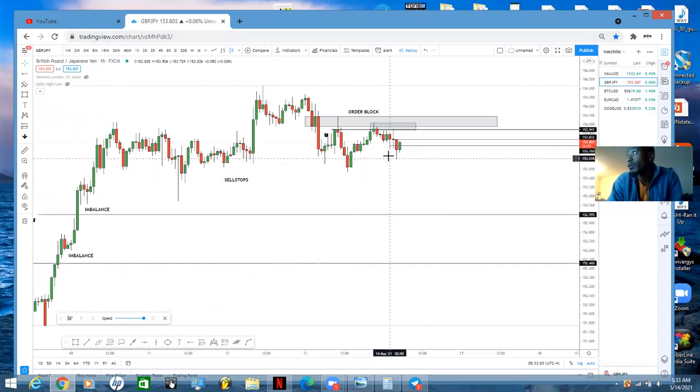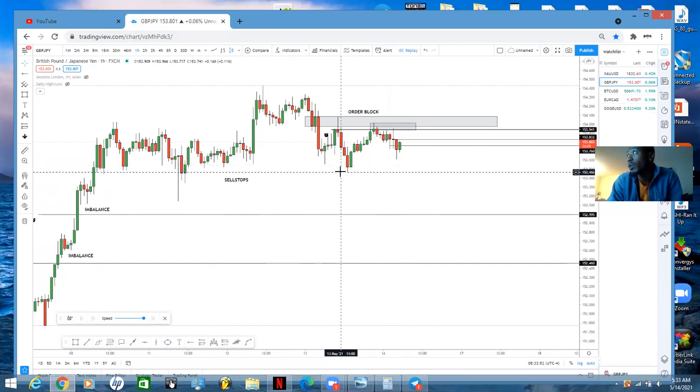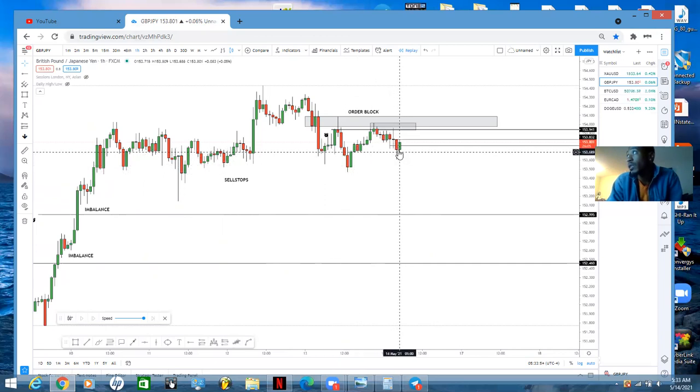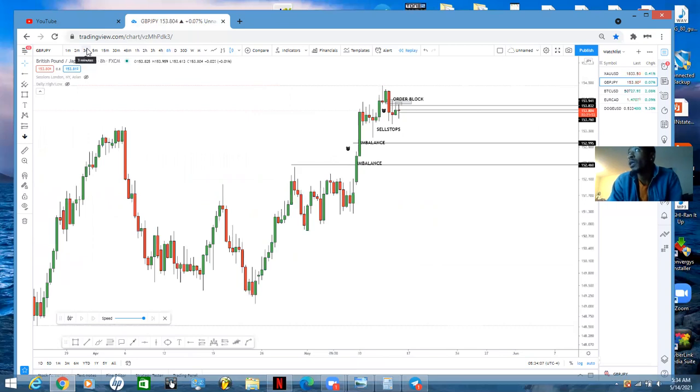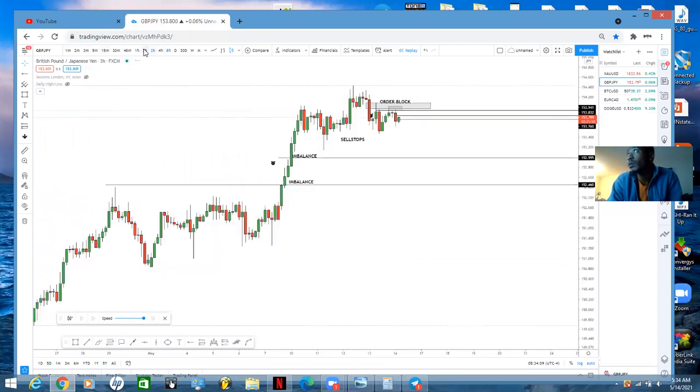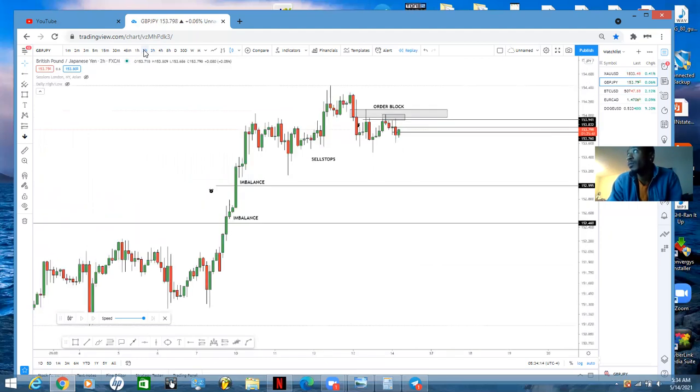Nice hour candle structure as well. I love how this last hour candle closed. I love how the 4 hour candle chart looks as well. So just in this trade right now, letting it play out. Take a look at nice 3 hour chart patterns as well.